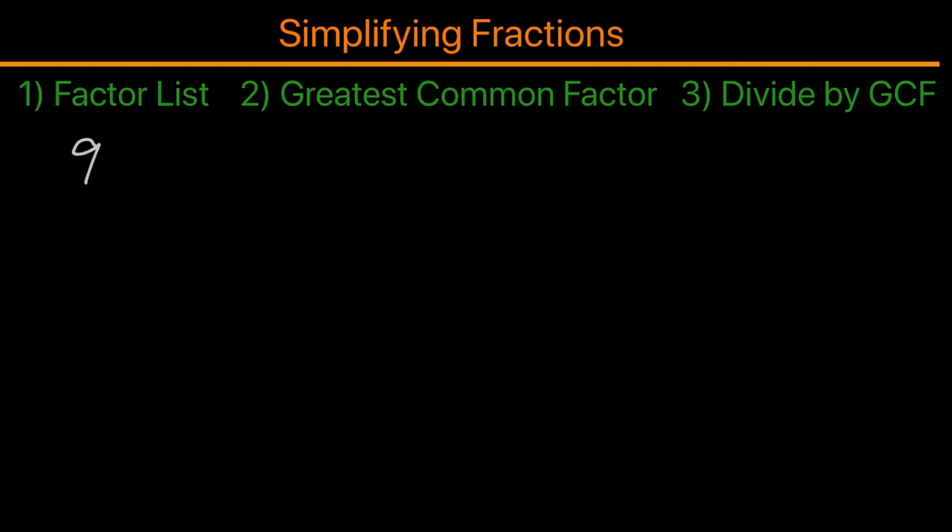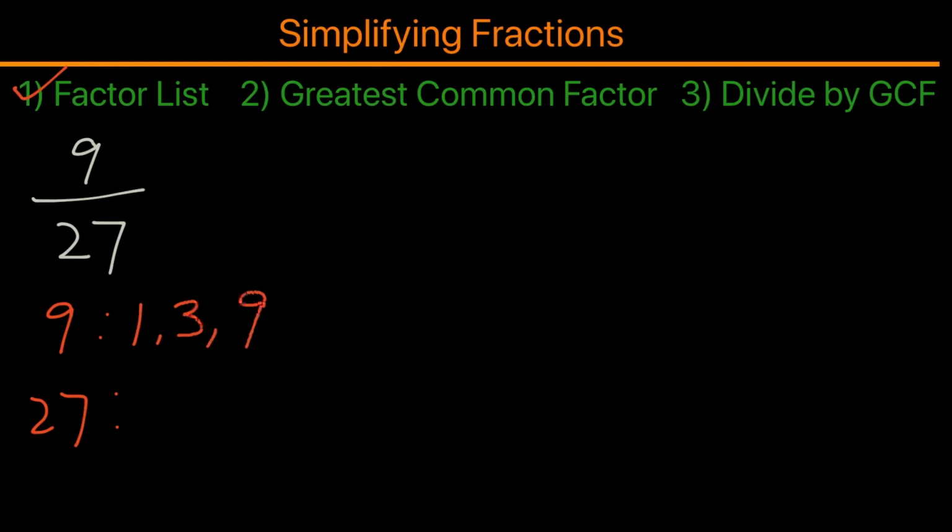Now what about this one? To find the factor list, we're going to do it again. So placing 9 and 27 on the bottom and trying to find the greatest common factor. So for 9, we have 1 times 9, and then 3 times 3 is 9. The next one will be 9. So that's all we have for 9.